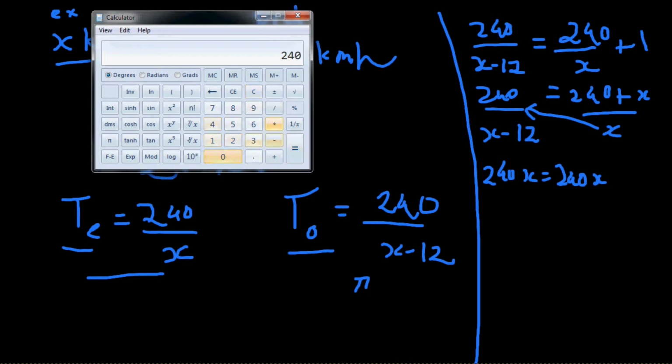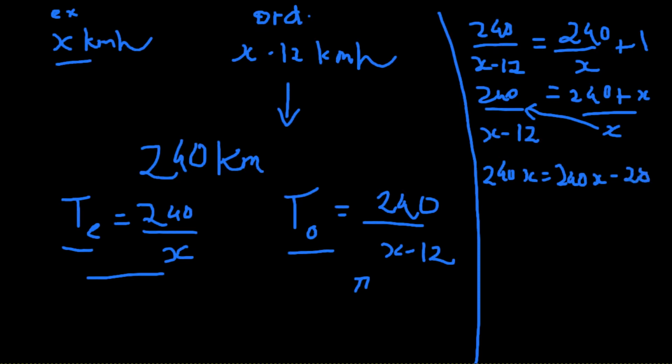So it's 2880, and it's a minus here, so minus 2880. And now we take x, so it will be plus x squared minus 12x. So these two terms get cut, they're the same, 240x, 240x. Now we could just rearrange these three terms as x squared minus 12x minus 2880 is equal to 0.